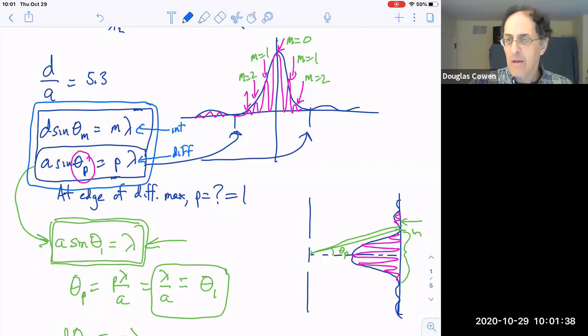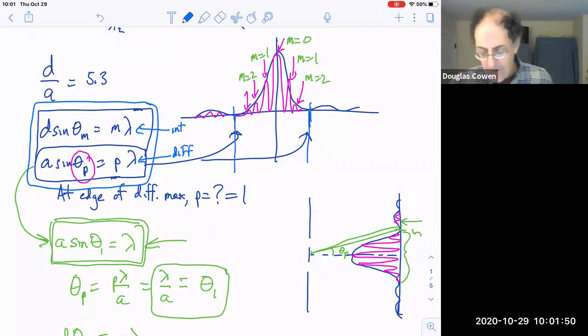So that last phrase, within the central diffraction maximum, says I want to find out how many fringes are in between the two points that are highlighted just now with my pen, between the dark fringes that are around the central maximum due to the diffraction pattern.